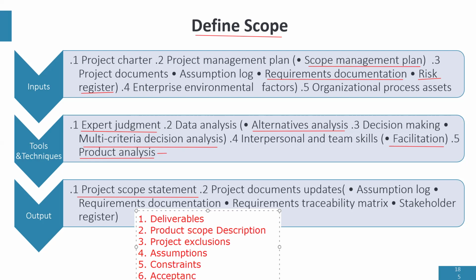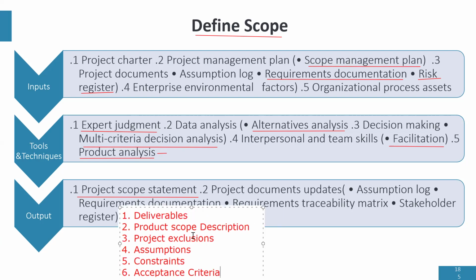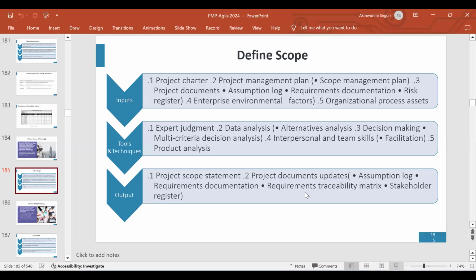So when you create a scope statement, you can expect it to have these 6 things, right? It tells you what is in scope, project exclusions tells you what is out of scope, and it also includes the acceptance criteria. Okay, so let me show an example of a scope statement so that we can see what it looks like in real life, okay?